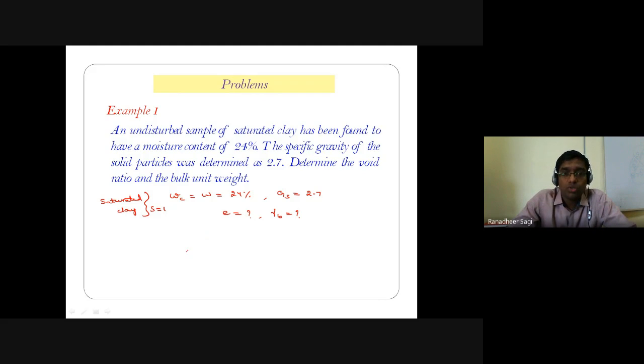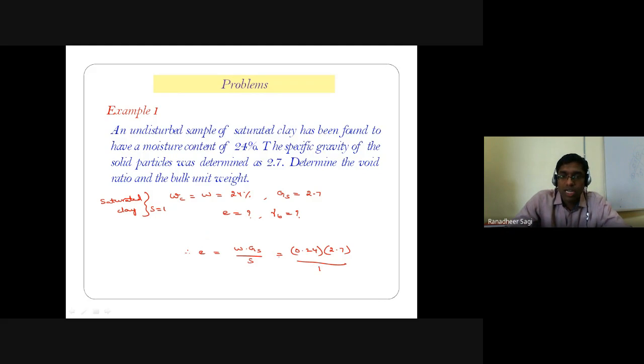Then void ratio is what I can determine from the relation we have seen earlier, e = w G_s / S, where water content is 24%. In terms of fraction, it's nothing but 0.24 into the specific gravity of soil solids, which is given as 2.7, divided by the degree of saturation. As the soil is a fully saturated soil, saturated clay, the degree of saturation is equal to 1.